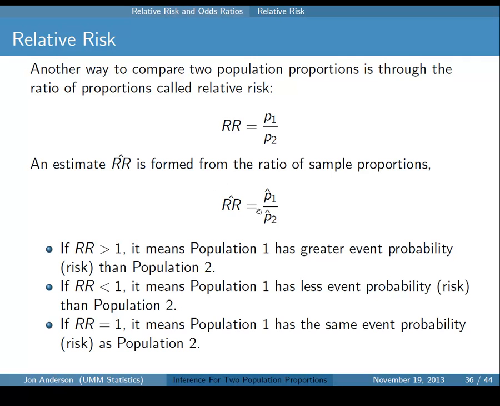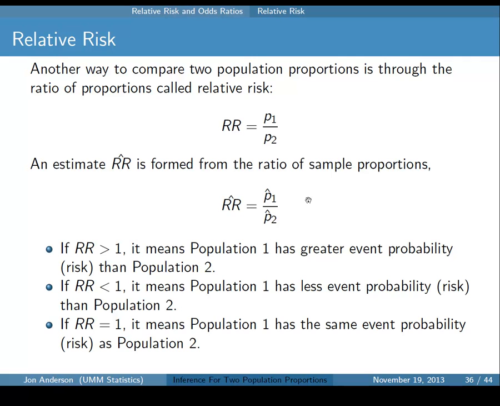The first method is called relative risk. Instead of measuring the difference between two population fractions, we define a fraction of the two population proportions called RR, or relative risk: the population fraction in population 1, P1, divided by the fraction in population 2, P2.